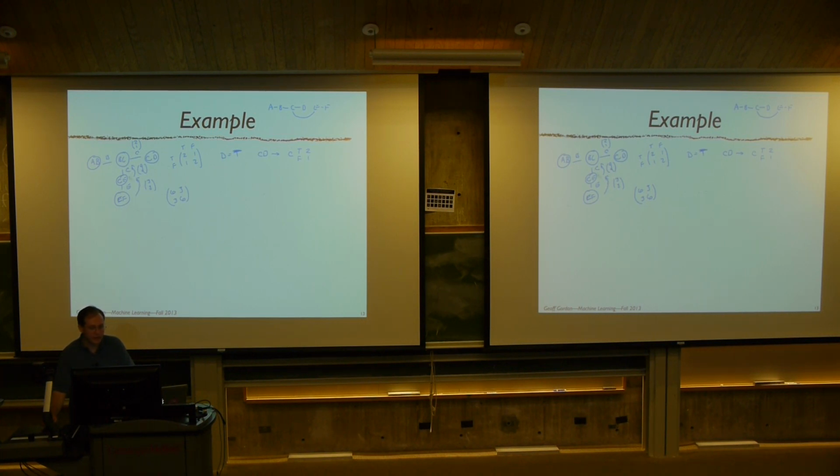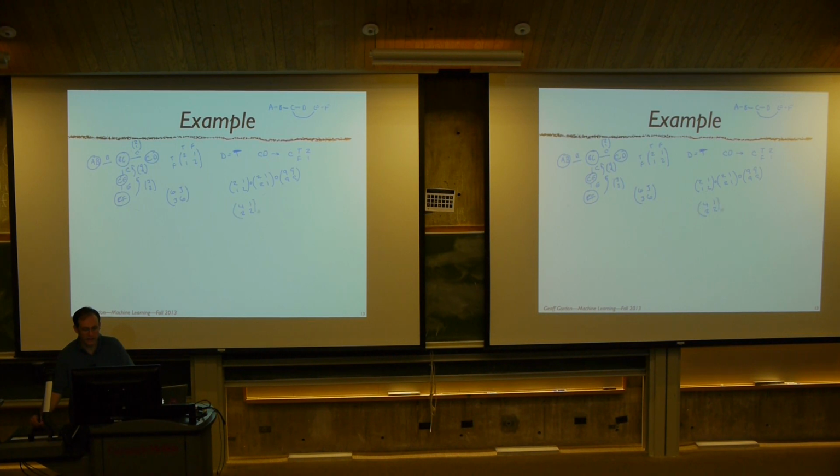And now finally, BC. We had 2, 1, 1, 2 times this potential that came in from C, so we extend it to be over B and C, which means that we just replicate it for both possible values of B. And then from here, we extended it to be 9, 9, 9, and 9. So we'll get 4, 1, 2, and 2 when we take this.